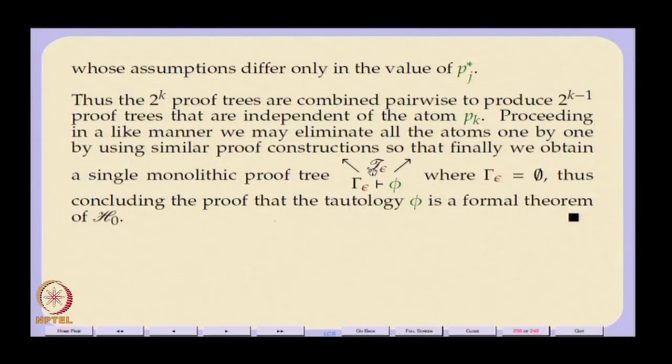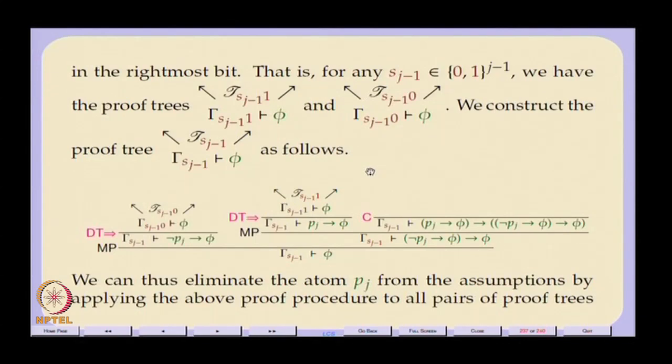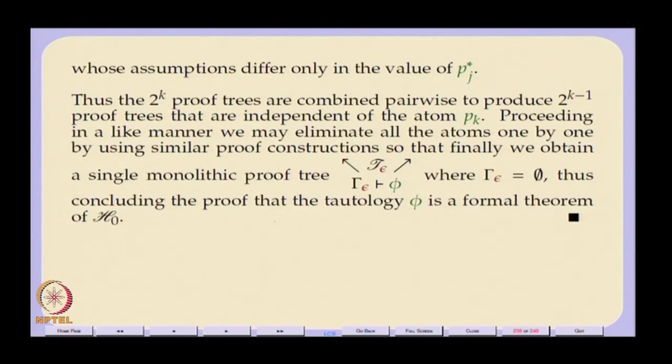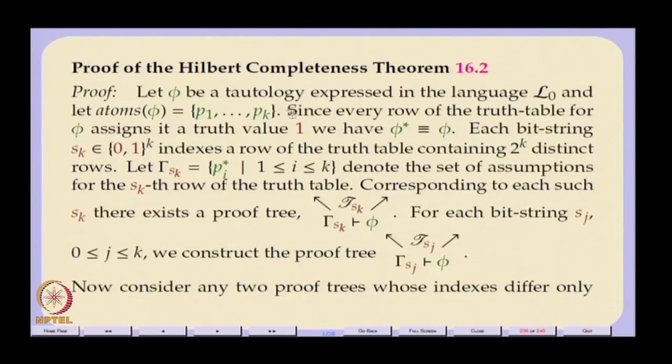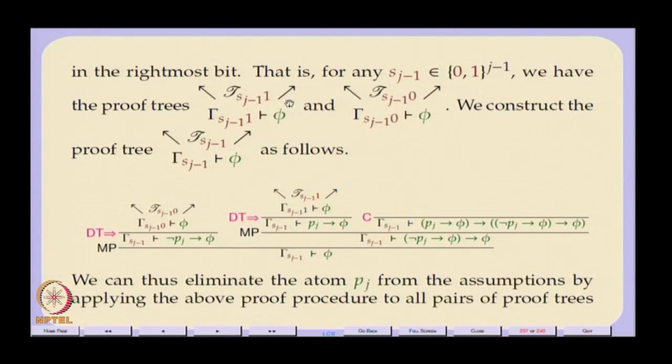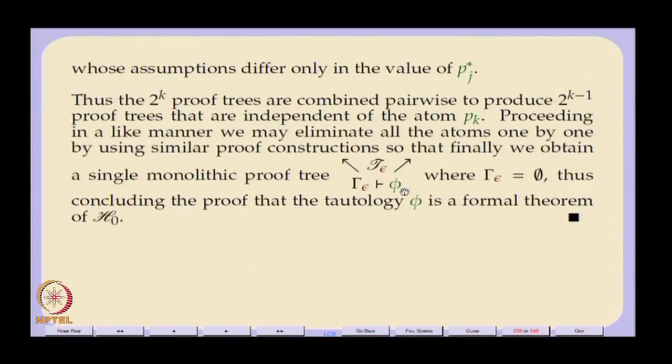This procedure is absolutely general, and this proof by cases works as generally. In this one monolithic proof tree, gamma is empty, and therefore you have proved that phi is a tautology, it can actually be proven.